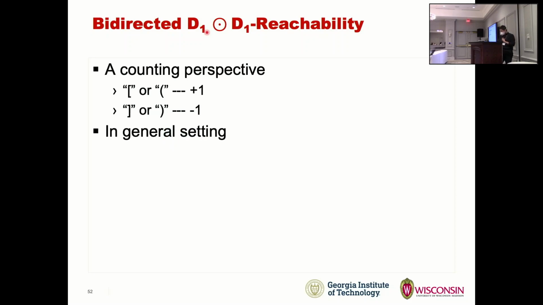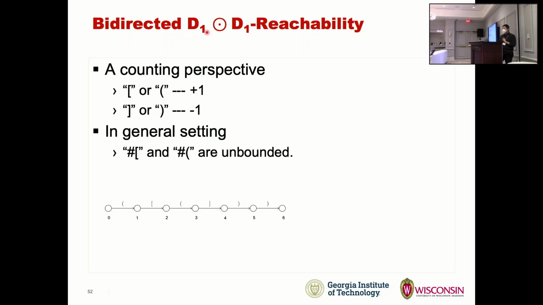But if we apply this idea to a graph-reachability setting, it's slightly more complicated because in a graph, you can have cycles. If you are considering the counting for two Dyck languages, it becomes slightly complicated. To understand it, let me show you a quick example. In this case, we have an inter-Dyck path, and we want to do the counting for two Dyck languages. We use the x-axis to denote the counter for parentheses, and the y-axis to denote the counter for brackets.